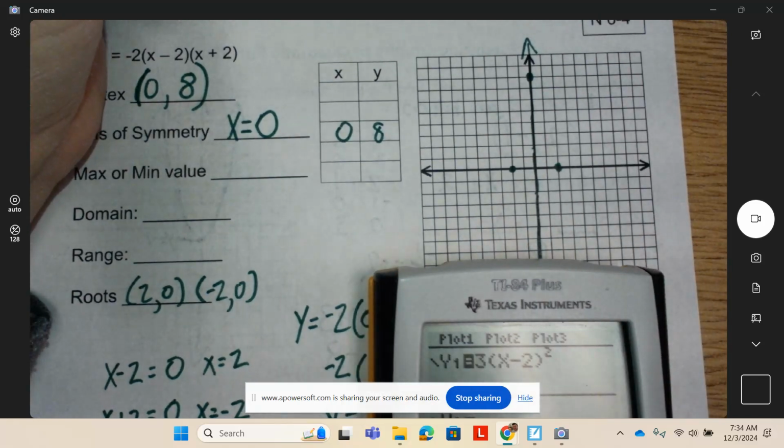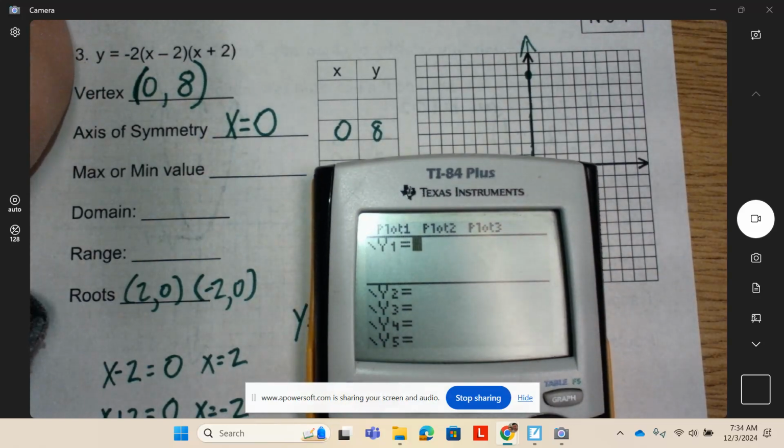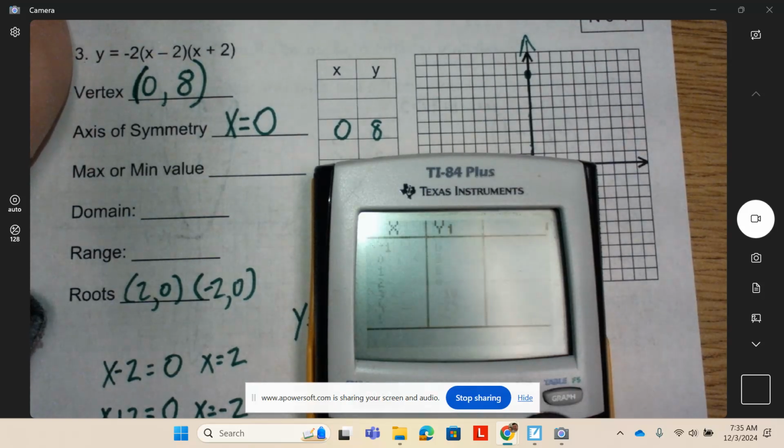Maybe get a couple more points. So I have x minus 2, x plus 2. And we'll get my table. Make sure that I've got the right vertex there.